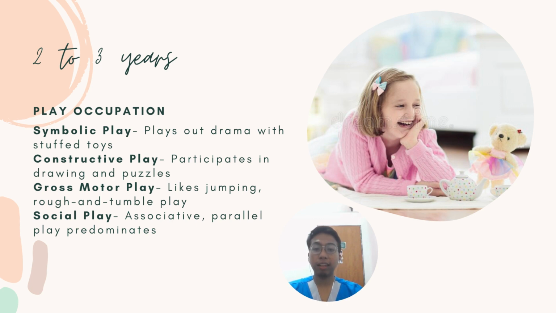Gross motor play includes jumping and rough and tumble play, which we call main kasar, but in a Penang way. We play hard, involving mostly physical activity, like jumping and all that stuff. And then for social play, it's more towards associative and parallel play, which predominates around 2 to 3 years.